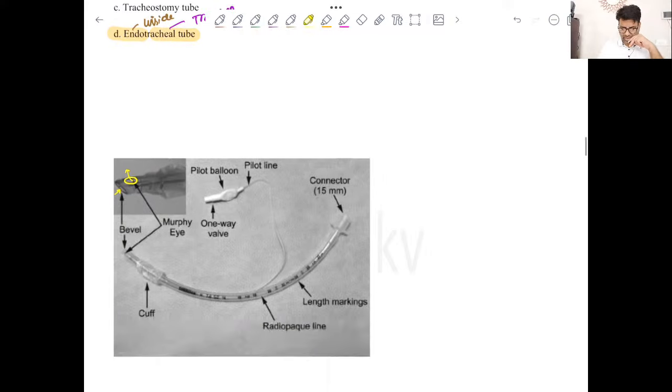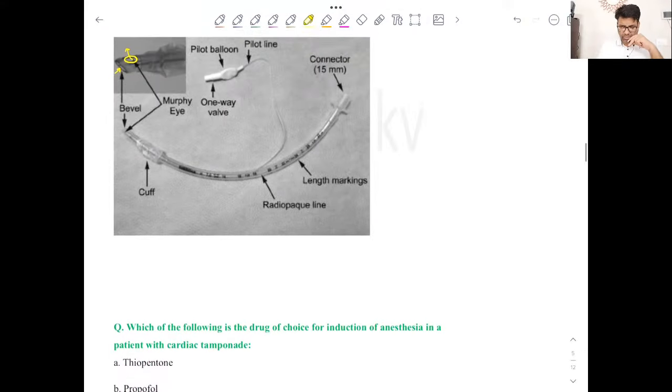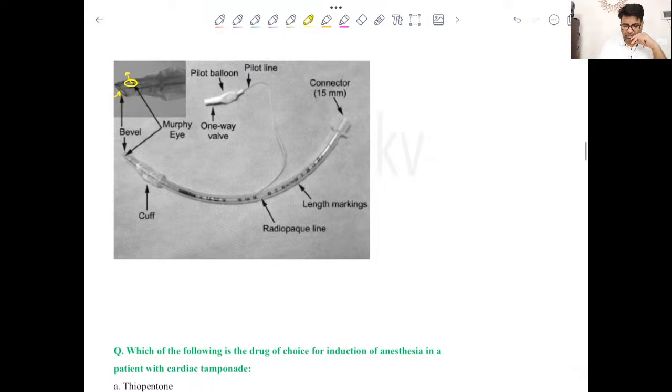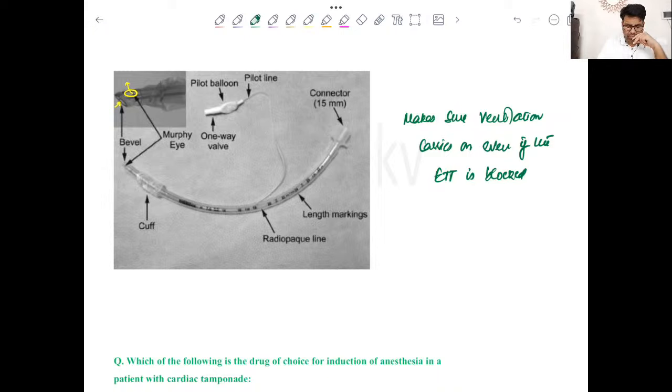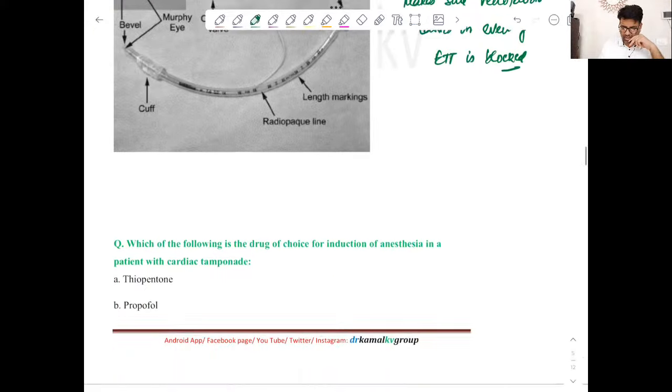So this is Murphy's eye, a part of the endotracheal tube. It makes sure ventilation carries on even if the ETT is blocked, right? So if this beveled part is blocked, it makes sure that the ventilation continues. So this is Murphy's eye.